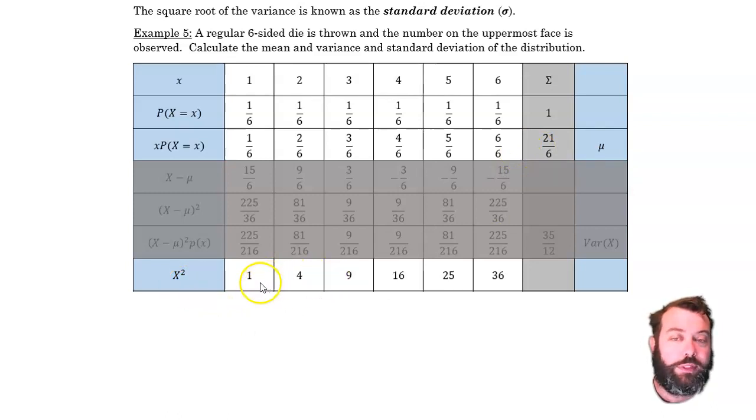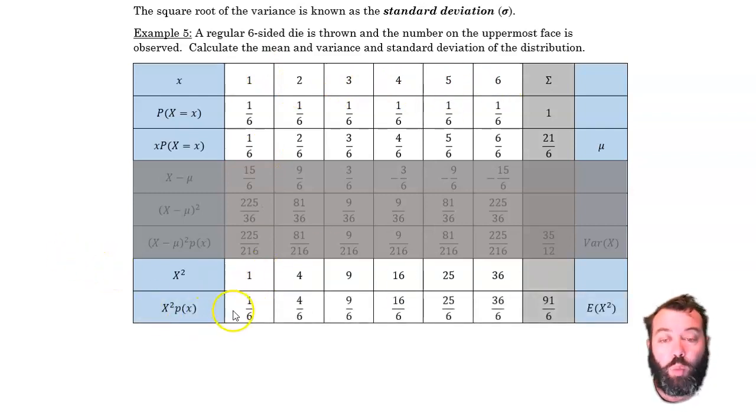This time I've squared the values. 1 squared is 1, 2 squared is 4, 3 squared is 9, 16, 25, 36. So we square the values, and then I weight those, right? Multiply the squares by the probabilities, and I get 91/6. And so that is the expected value of the square of the values.